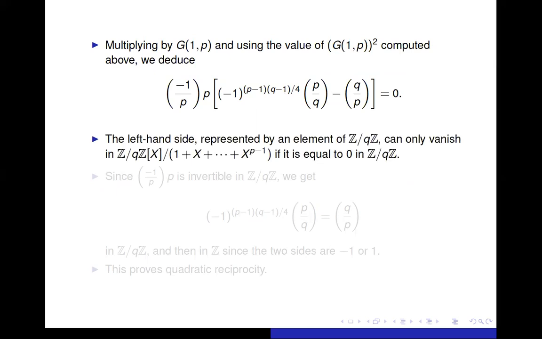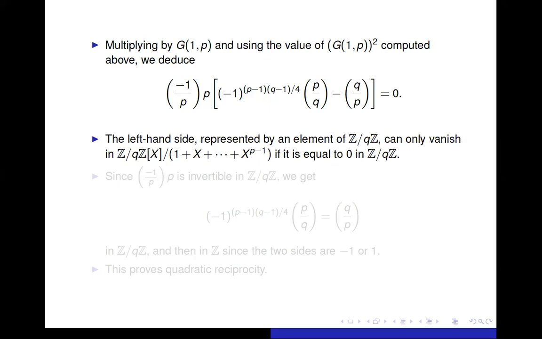So now everything works in the ring Z over qZ quotiented by 1 plus x to the p minus 1. But here, the left-hand side is represented by a constant, just some coefficient in Z over qZ.